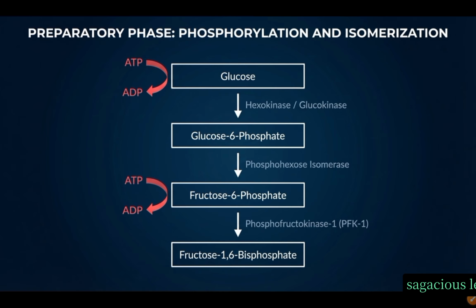Some people ask me, why are we converting glucose to glucose-6-phosphate? We are converting it because when we add phosphate to this glucose molecule, it becomes negatively charged. It becomes polarized.